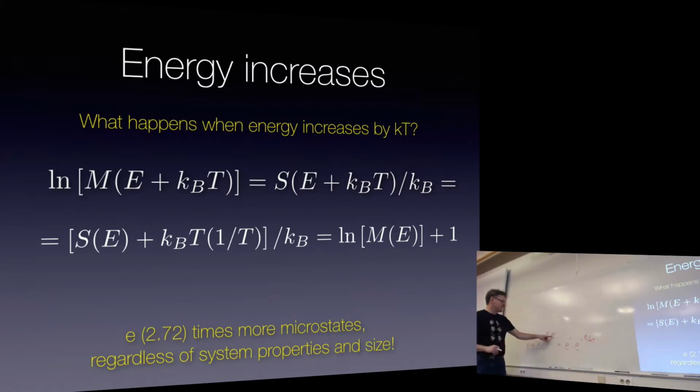So if I add kT to an energy here, this corresponds to getting a factor 1 in the exponent. So for any system that you add kT to, there will be a factor 2.7 more ways you can distribute things over microstates. It doesn't matter if it's a test tube or the electrons in an atom or whether it's all the air in Sweden.